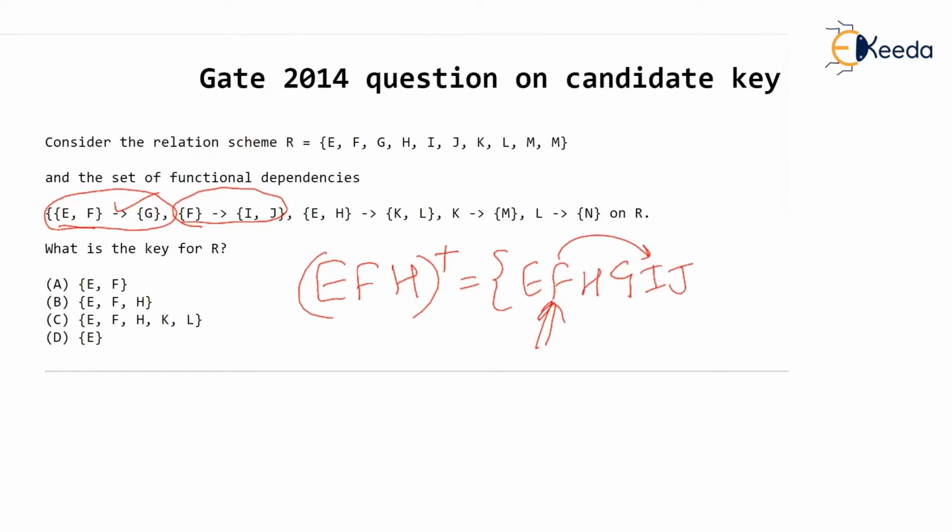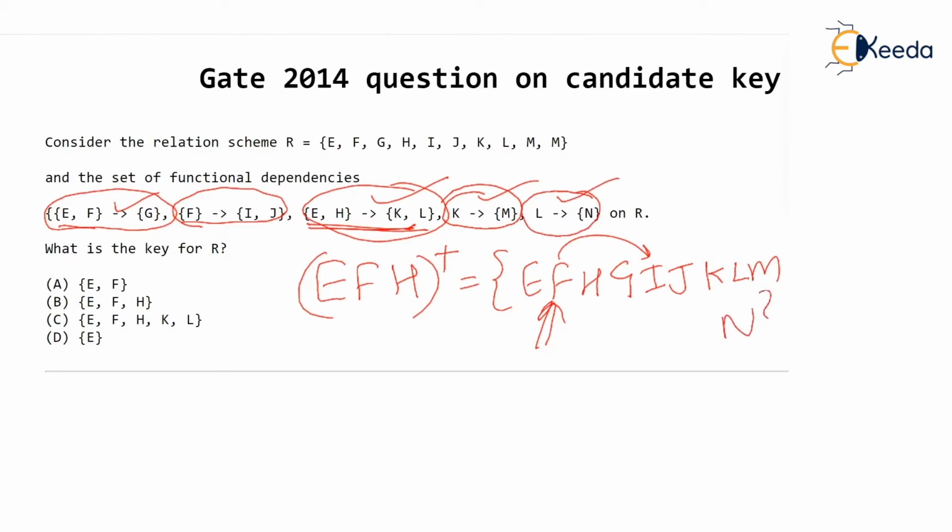Then you can use this EH, because E and H both are in the closure. So K and L also will join the closure, isn't it? And K is now in the closure, so K will bring in M. Okay. And you see L is there in the closure already, and L will bring in N.